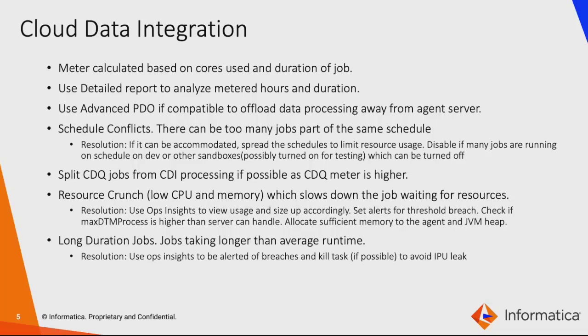What happens is, based on our metering, the rate for a CDQ job is higher than a cloud data integration job. So even if a mapping contains one CDQ asset, we'll tag that mapping as a CDQ mapping and assign that rate to that mapping, right?